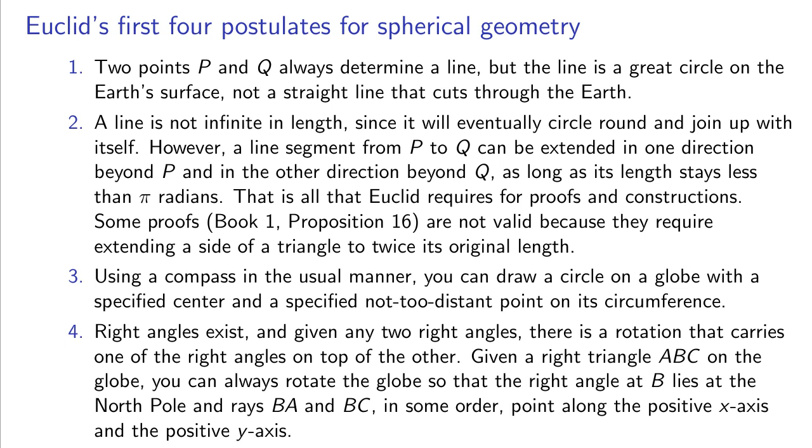That's Euclid's characterization of a right angle. And to justify the statement that all right angles are equal, you give me a right angle anywhere on the globe, I can rotate the globe so that the right angle is at the topmost point, formerly occupied by the North Pole, and I can even put the two arms of the angle along the x-axis and the y-axis respectively. So by rotating the sphere, I can map one right angle onto any other.